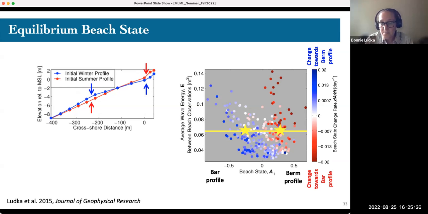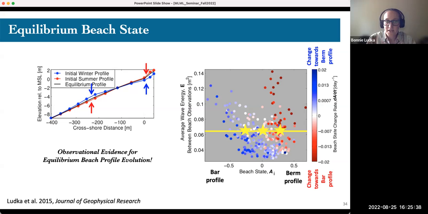So what's actually happening here is this beach profile is evolving toward an equilibrium profile. That is what our scatter plot, we think, is showing us: observational evidence for equilibrium beach profile evolution.